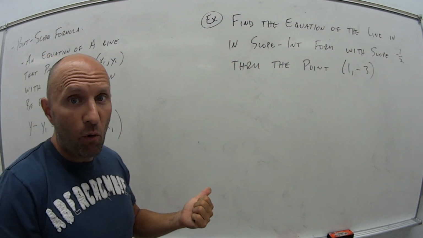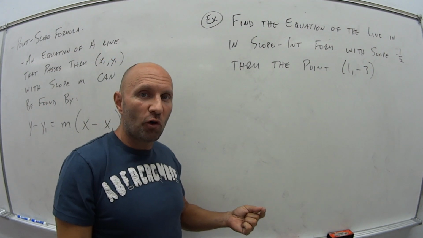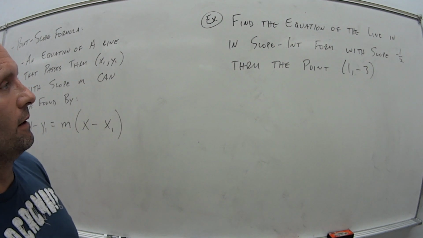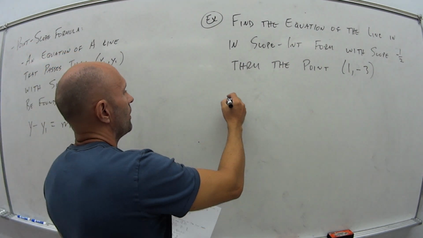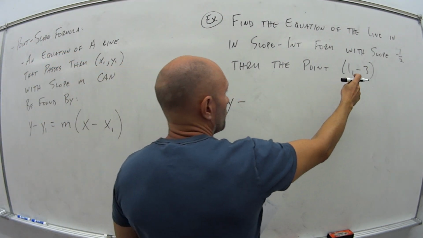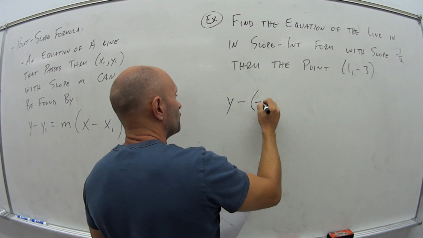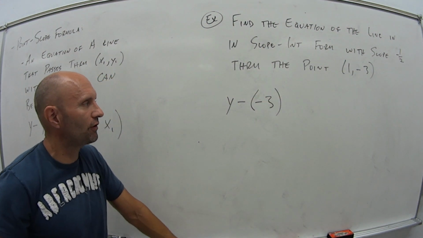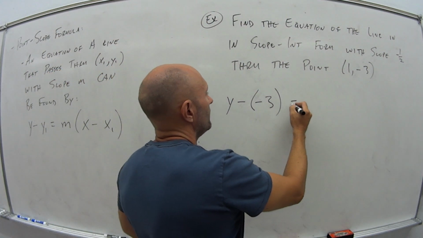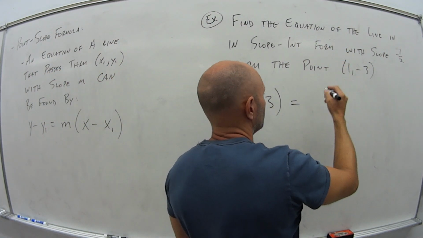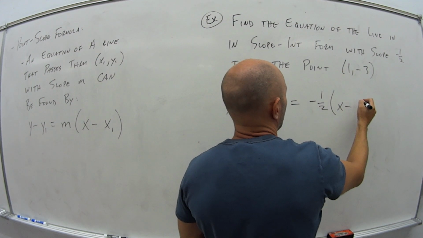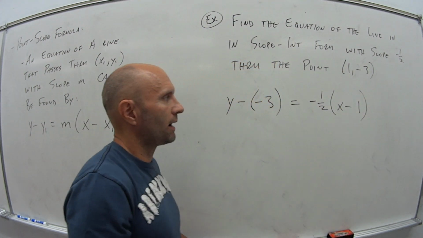So I have a point and I have the slope, so I'm going to use the point slope formula. So I have y minus y1. Well, y1 is -3, so y minus -3. So be careful with your signs here. Equals m, my slope, which is -1/2, times x minus x1, which is 1.